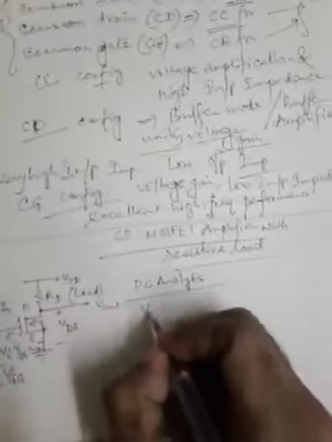For DC analysis, the small signal source should be omitted. So let us omit this source voltage Vi, which is the small signal AC source, because we are doing DC analysis. There is no role of Vi here. So at the beginning, Vi is equal to 0.